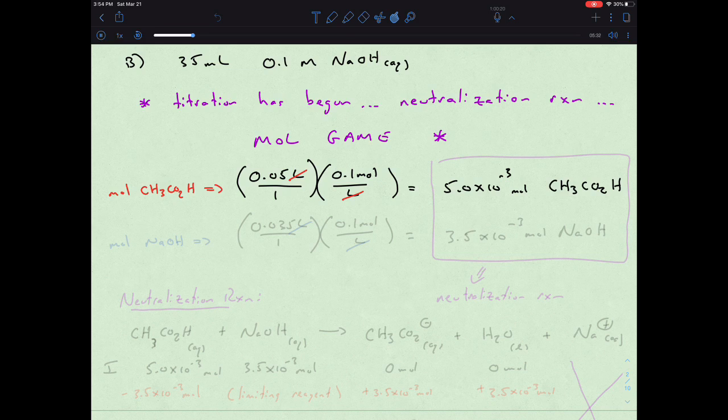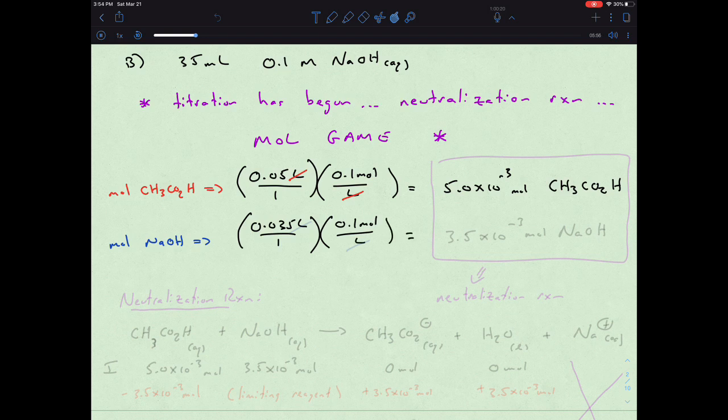We also need to determine the moles of the strong titrant, namely the sodium hydroxide. At this point, we've added 35 milliliters or 0.035 liters. It as well is 0.1 molar.